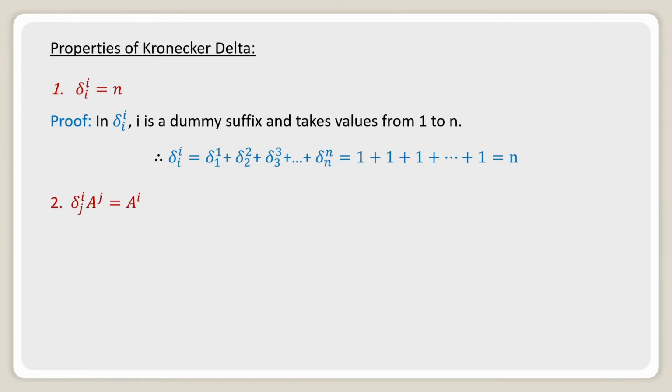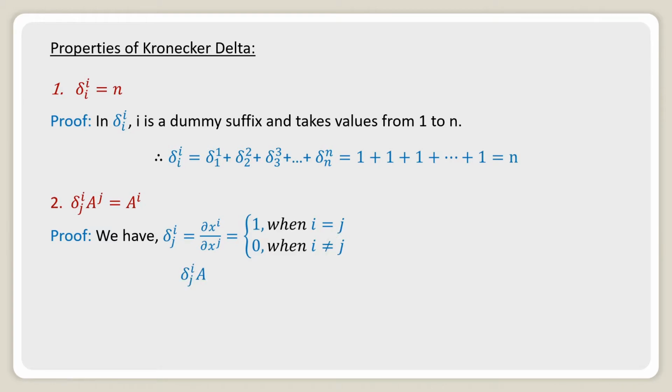The second property is given by delta ij into aj equal to ai. We have delta ij equal to del xi by del xj equal to 1 when i equals j and 0 when i is not equal to j.